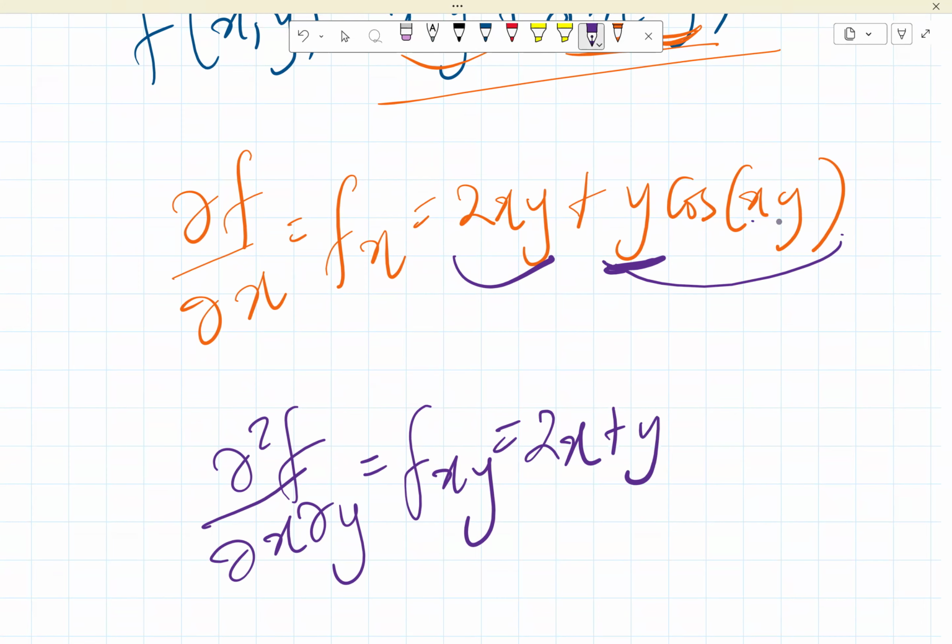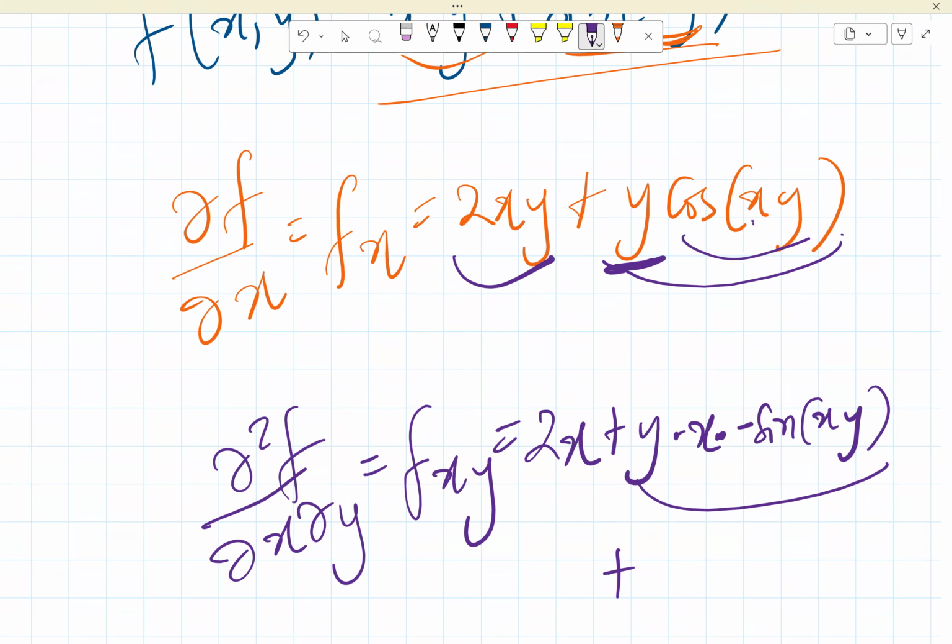So if you differentiate cos xy, xy with respect to y will give you x here. Then if you differentiate cos, you get minus sine xy. That's the first aspect. So this is one term. Plus, now, if you keep cos xy and differentiate y with respect to y, that will be gone. So differentiate cos xy with respect to y. That brings x out here. Then times minus sine xy like that.